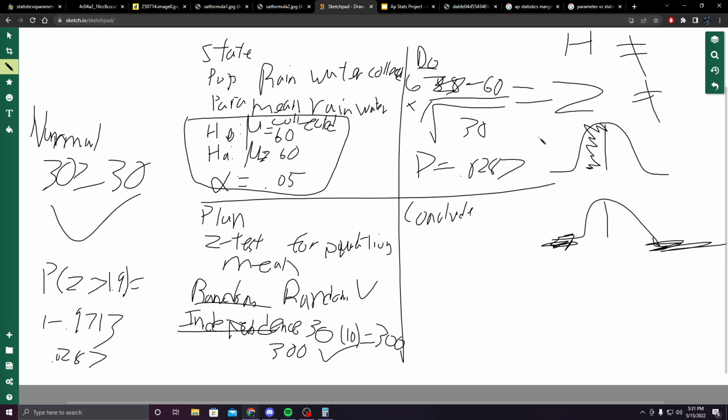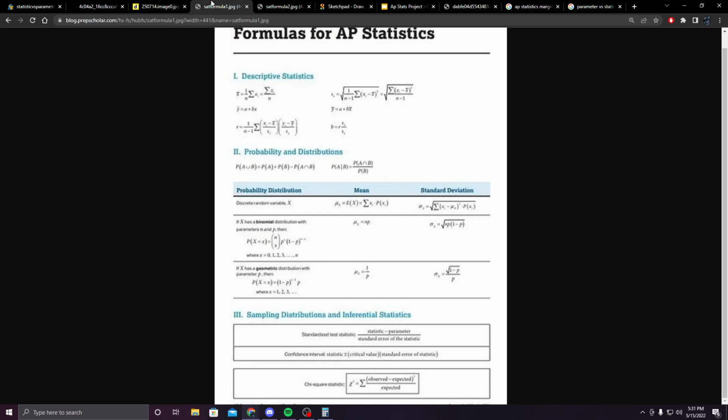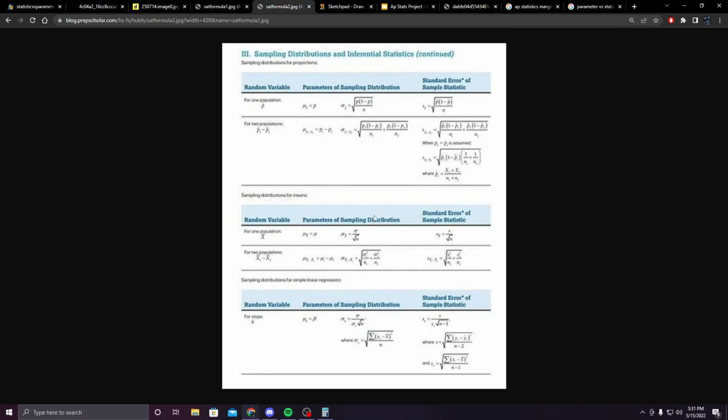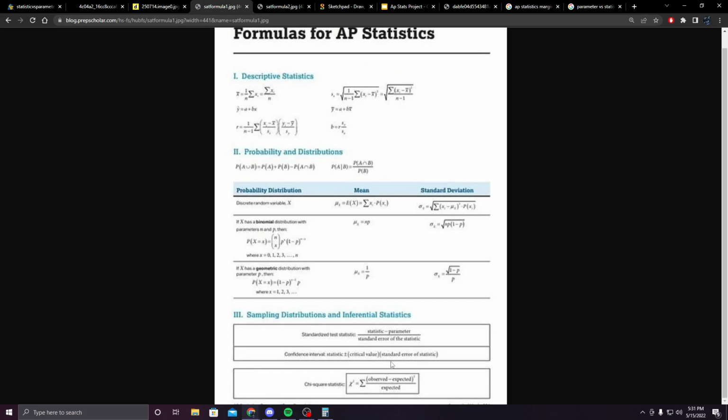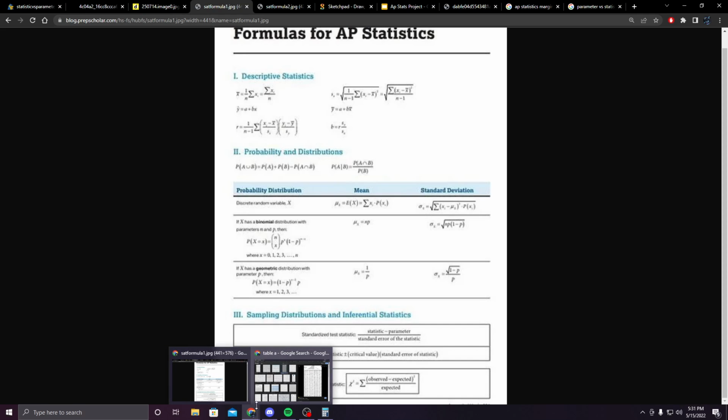For a confidence interval, you would be using this equation. You know your statistic. You know your standard error from last time. Now all you need to know is the critical value. How do you find the critical value, you may ask?